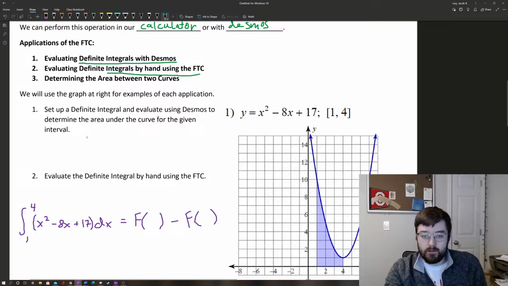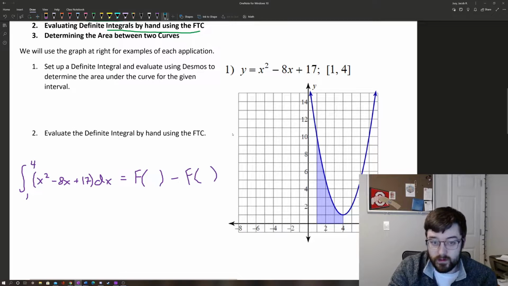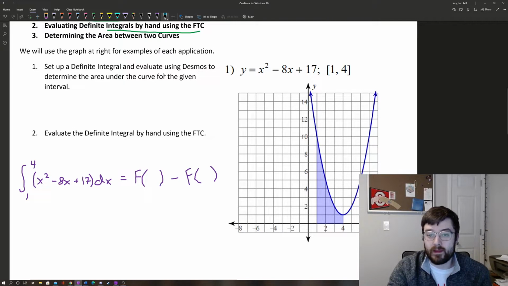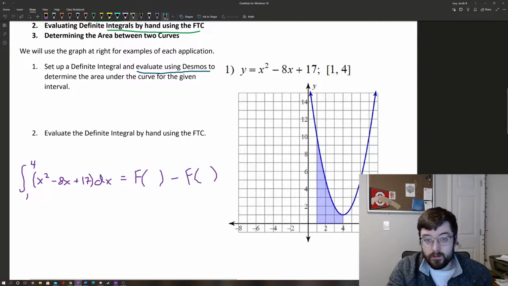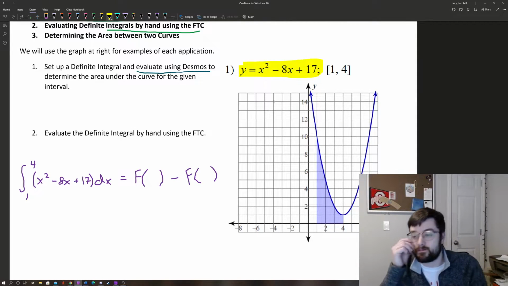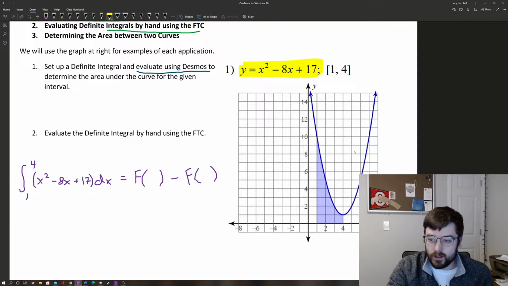So with number 1 here, we're going to first set up the definite integral and evaluate it using Desmos to determine the area under the curve for this function, y equals x squared minus 8x plus 17. And we're going to evaluate it from 1 to 4. Luckily, with these practice problems there is a nice graph and you can see what you're finding.